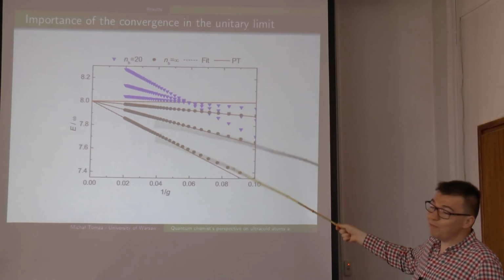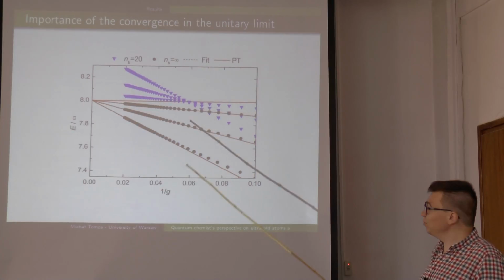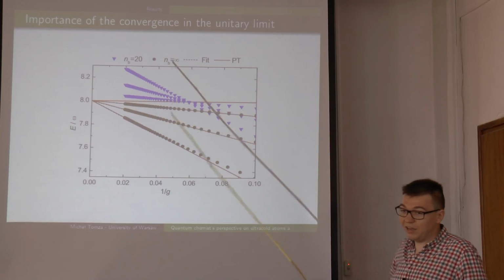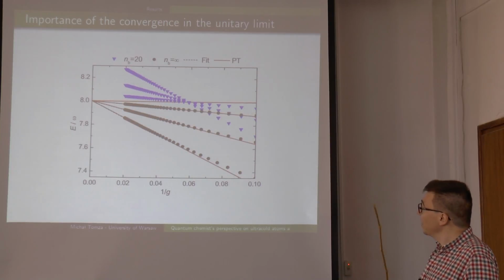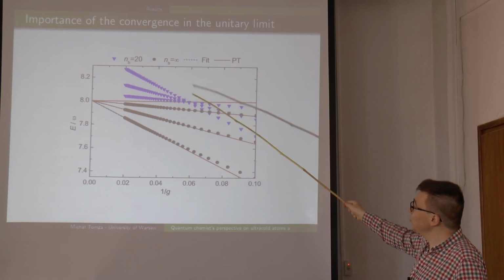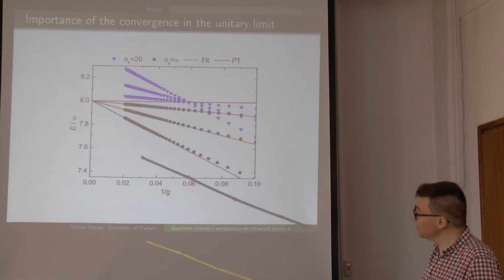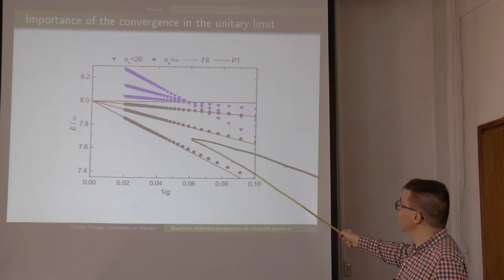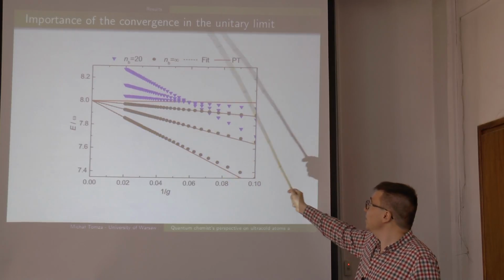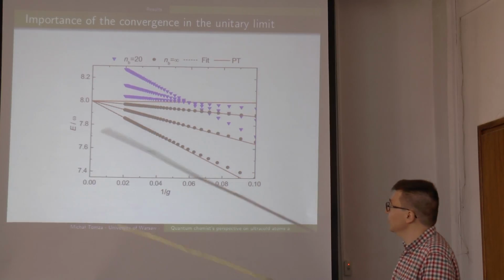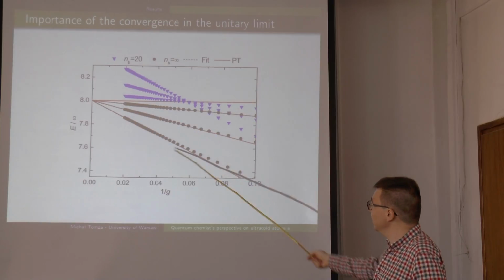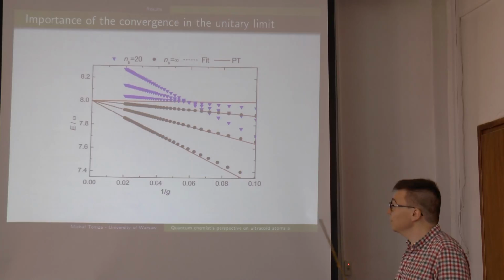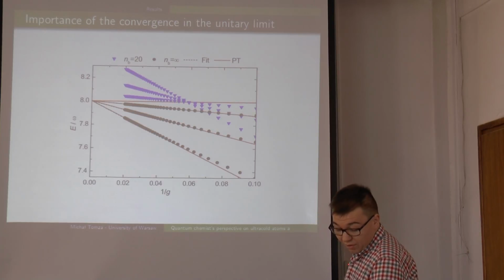But then, when we apply our interpolation formula, these are the black points. We can really extrapolate the results from a few calculations for a few finite basis sets to a quite accurate prediction that agrees quite well with this unitary limit obtained from perturbation theory. The reds are correct only in this regime, and we see there is quite nice agreement where it should be.